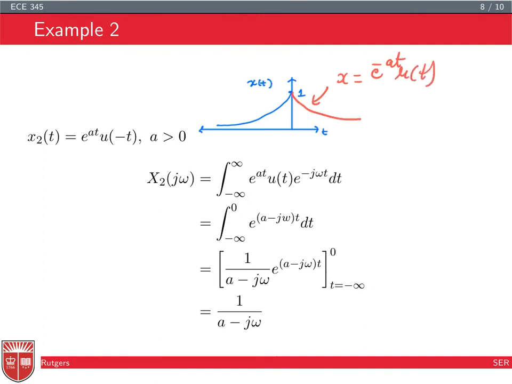I'm not going to do it in detail because these are the same steps. In the end, you get the CTFT of the signal, which is 1 over a minus j omega. It's helpful to keep these formulas in mind, but if you forget them, that's fine, because you can easily derive them.